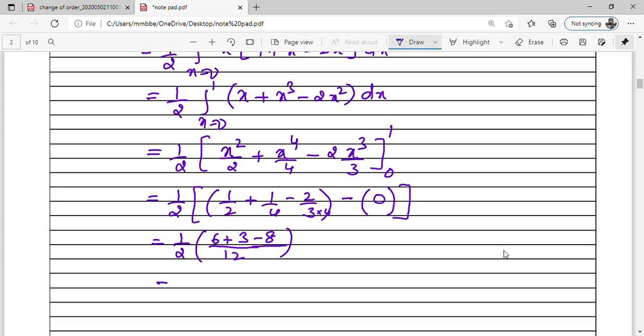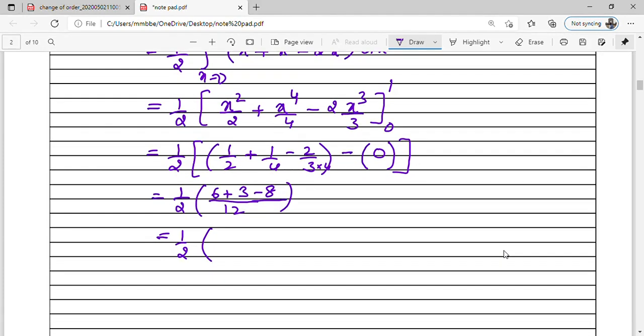So this is equal to 1 by 2 times (6 plus 3 minus 8). 9 minus 8 means 1 by 12. So it is 1 by 24, which is your answer for this problem.